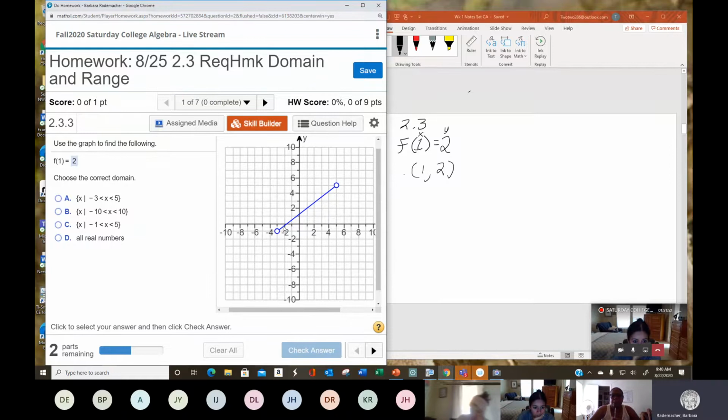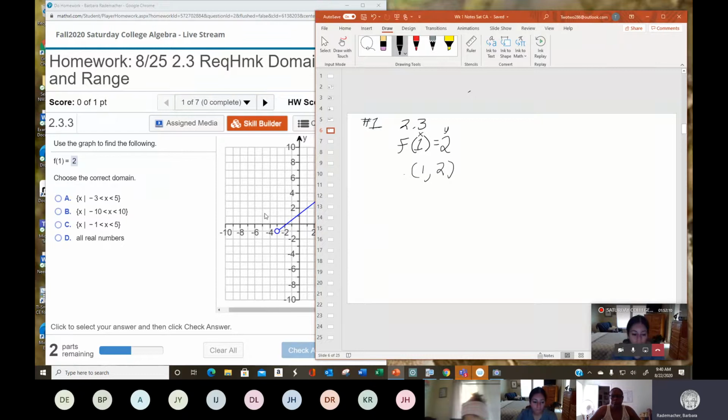Now, if these circles were colored in, then this would be the point, let's see, -1, -2, -3, and down to -1. So the left point would be -3, -1.